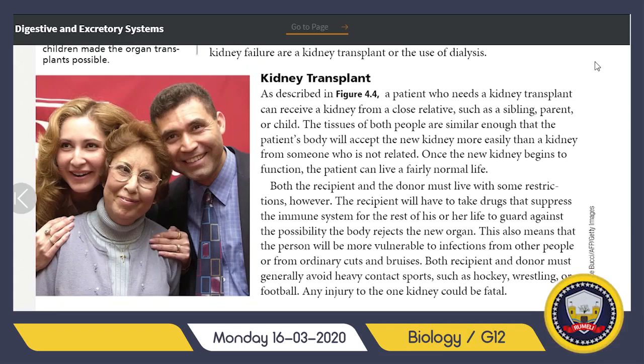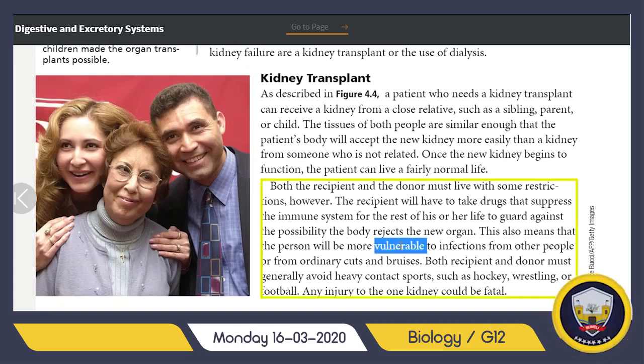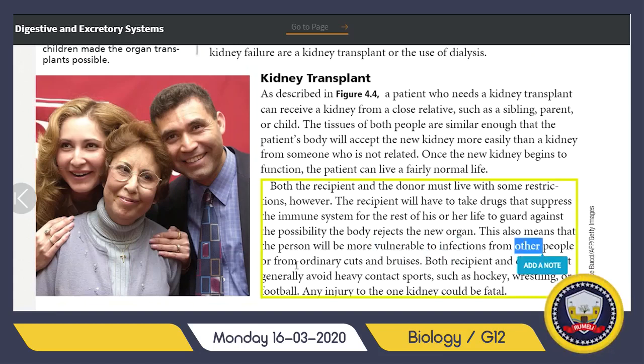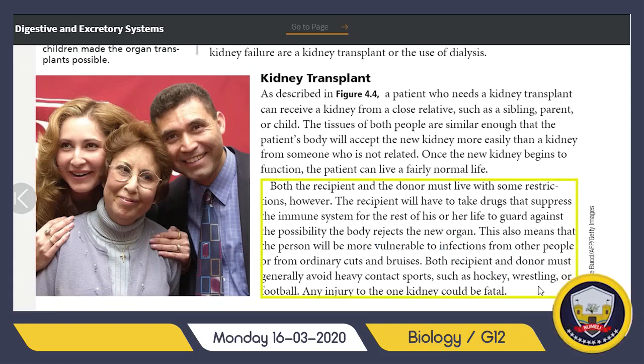So you don't know when the body can reject the new organ. So immune suppressors must be taken by the recipient. And this makes the recipient very vulnerable, okay, to infections from other people or from ordinary cuts or bruises, okay?